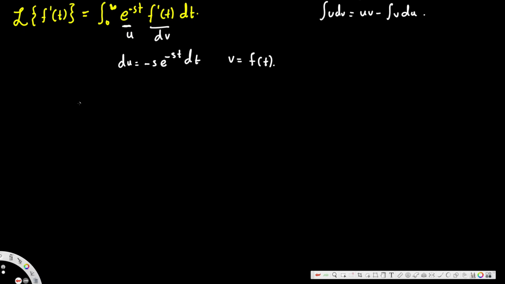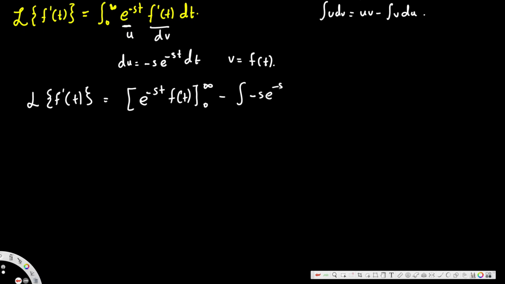Then the Laplace transform of f'(t) is going to be equivalent to e^(-st) f(t), because u times v, u is e^(-st), going from 0 to infinity, and minus the integration of v du. v is f(t), du is -s e^(-st). Let's put all of them: -s e^(-st) and f(t) dt. Here we can combine these two negatives, and this becomes plus.